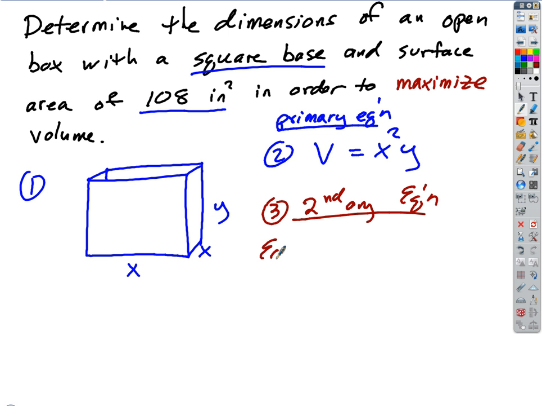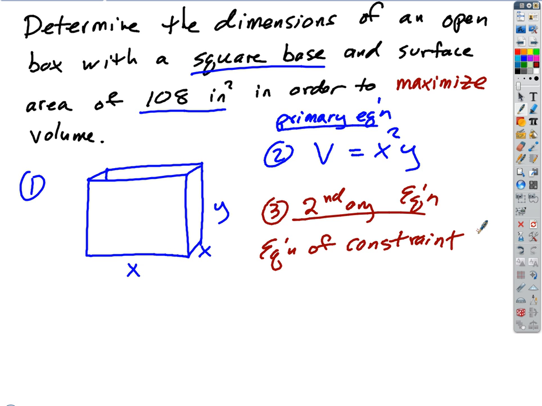So if there were no constraints on this and you wanted to maximize volume, what would you set the dimensions at? If you wanted to maximize volume and there were no limits, how about just infinity, right?